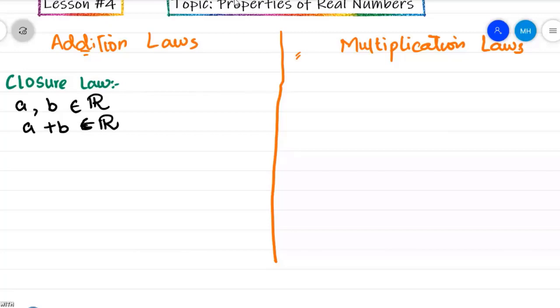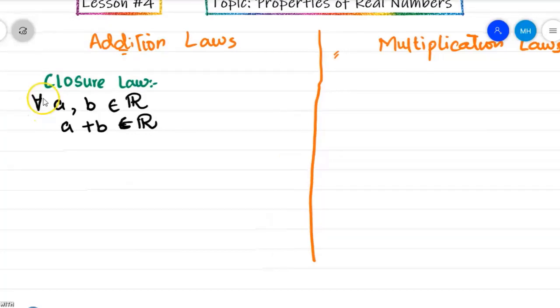I'm going to generalize it for all real numbers. This symbol, the reversed A, represents all. So if I take any 2 random numbers from the real numbers and apply addition, the answer must belong to the real numbers. If the answer is in this set, it means these numbers or this set have followed the closure law.